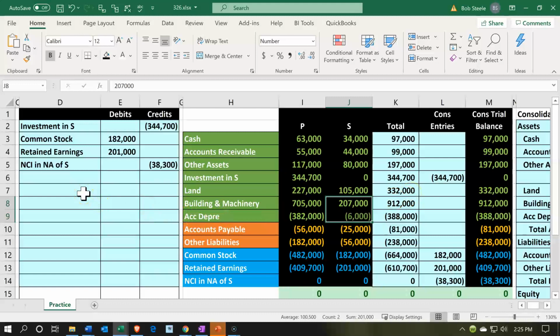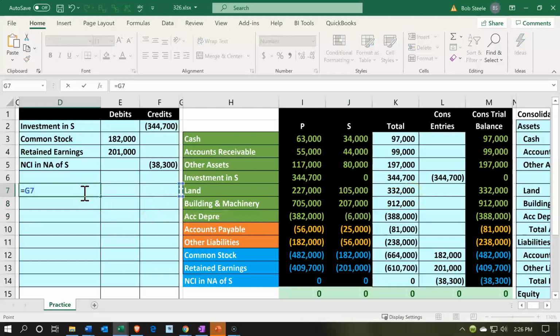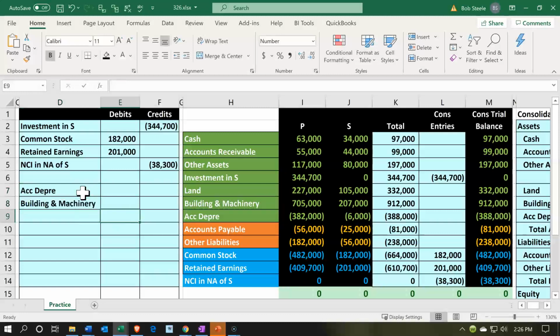So what I'm going to do is one more entry, which is going to be a debit to the accumulated depreciation to make it go away, and then we're going to be crediting the building and machinery, and that's going to be for this 6,000. So there's the 6,000 debit and credit, and we've seen this in the past. This isn't a new transaction.